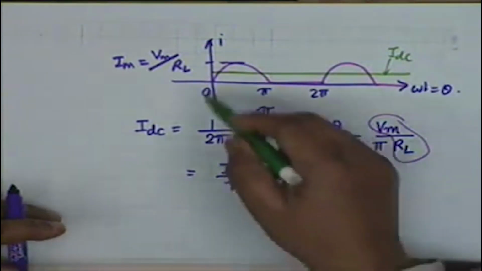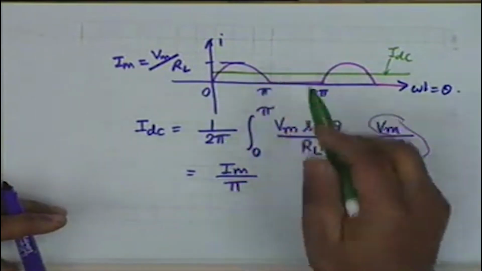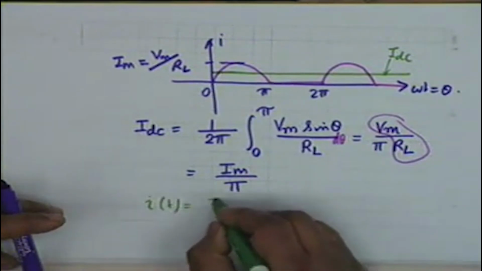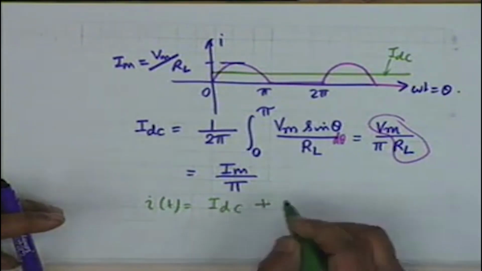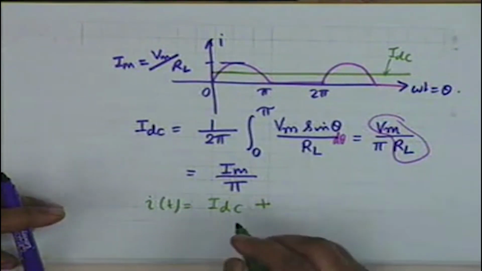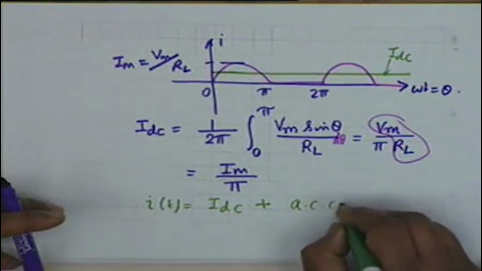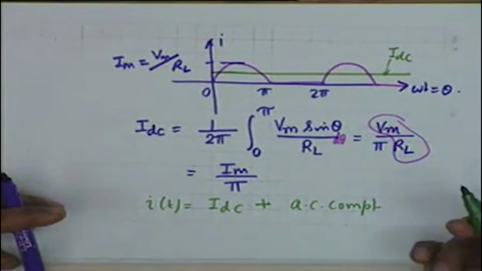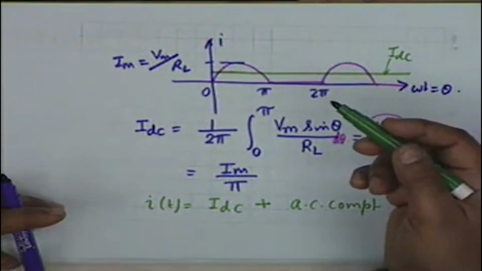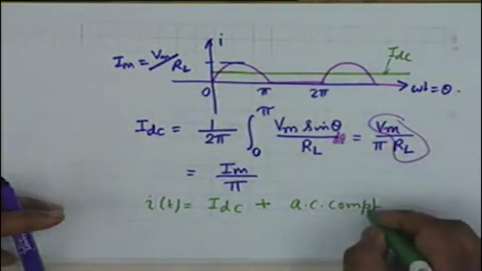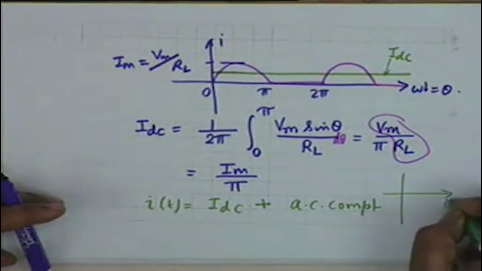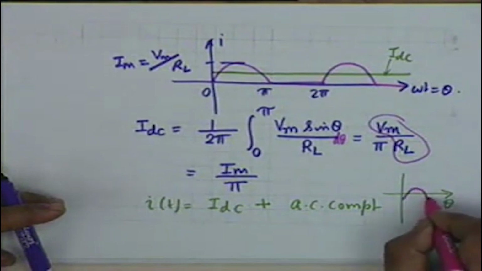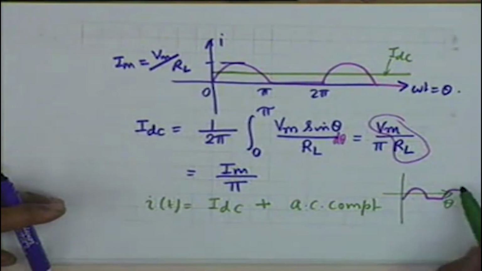Now you notice that the total waveform can be considered as I of t equal to IDC plus an alternating component, an AC component. Why AC? Because if you take out IDC, obviously the waveform can go positive as well as negative. If I plot this AC component versus theta, it will have simply this waveform, and so on.